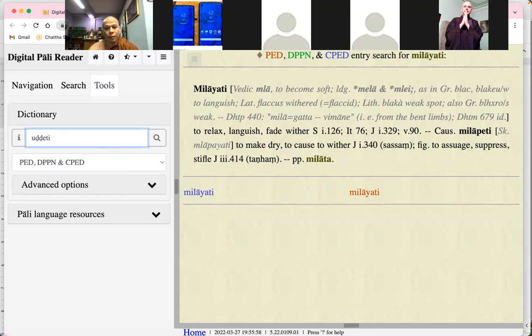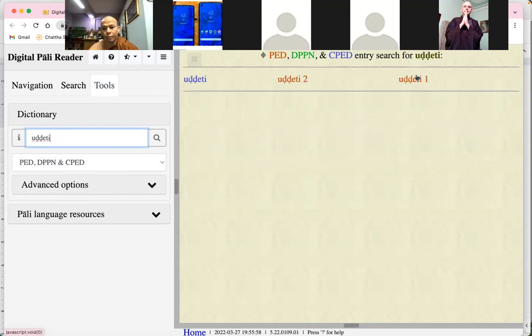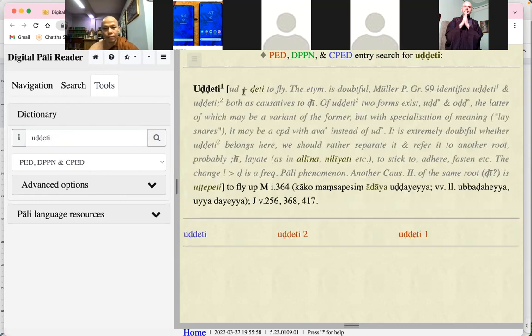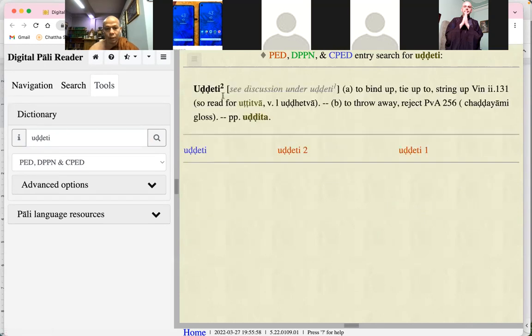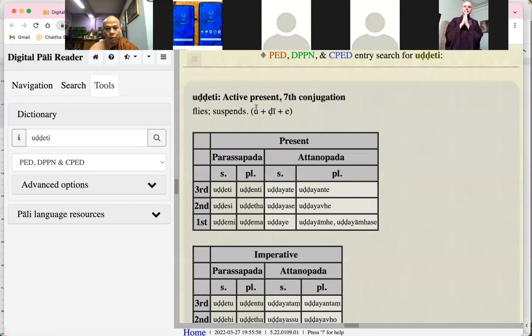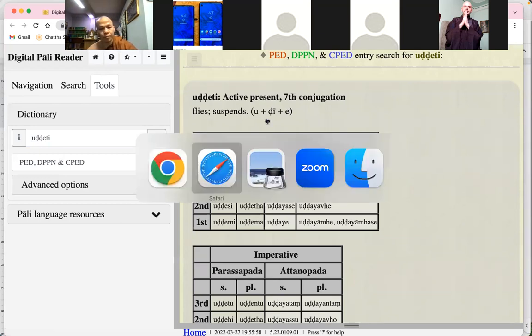So udd. They would and they did, to fly. Etymology doubtful. Maybe udd. So to fly up, not included. Udd. Okay, that one also this. Udd, ud, and then a. So flying or suspended.